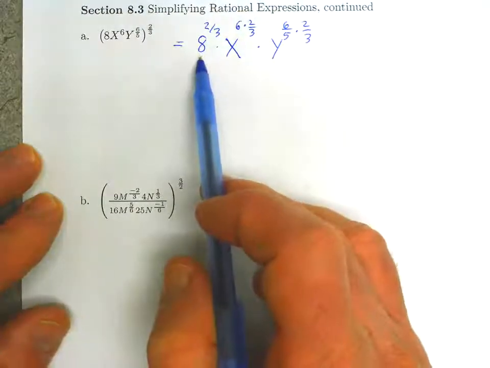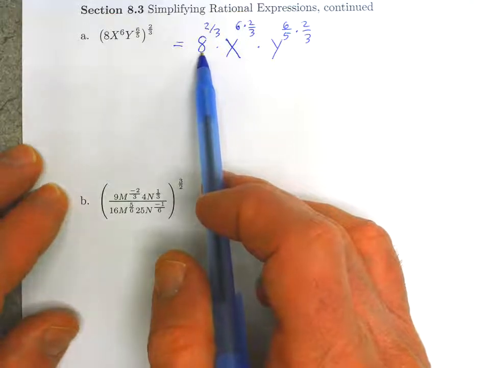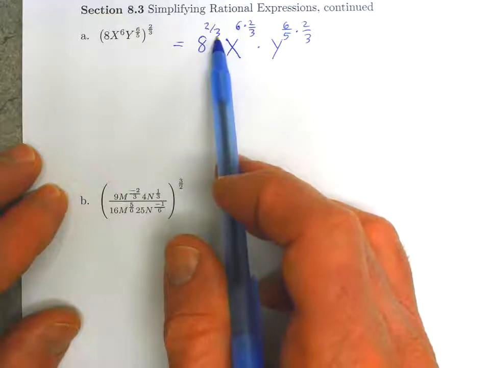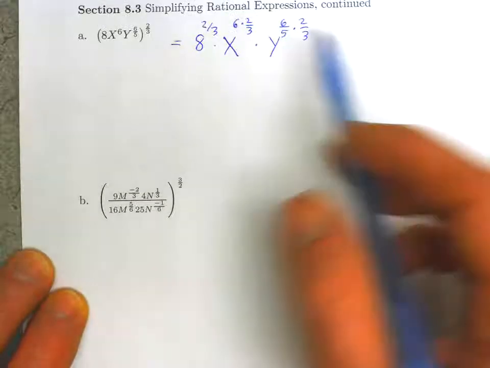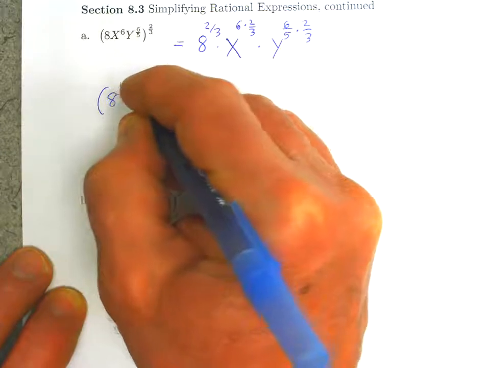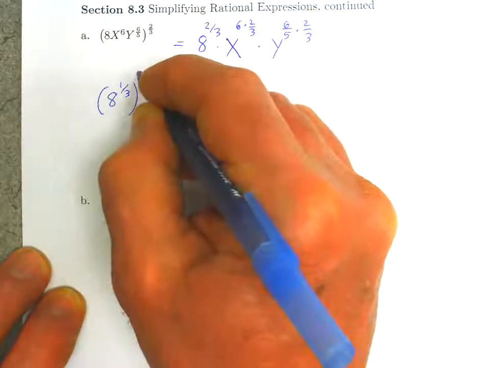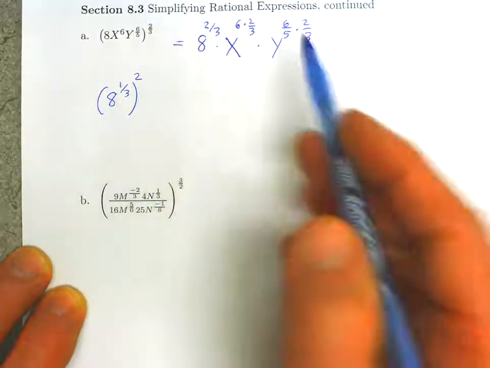Okay, so for 8 to the 2/3, well, we know that 8 is a perfect cube and the denominator of the exponent is 3. So let's think of that as 8 to the 1/3 to the second, because 2 times 1/3 is 2/3.